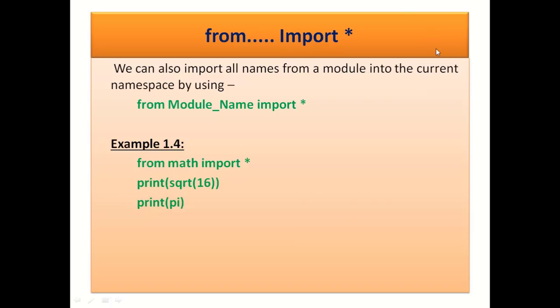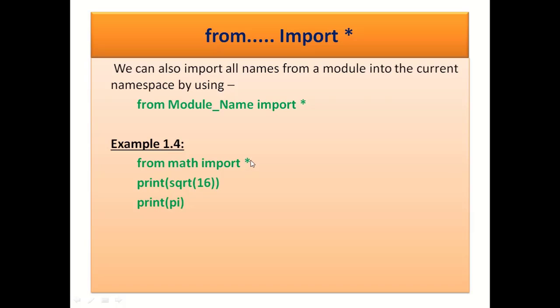Still another form of import statement is from module name import star. This asterisk is used to import all the attributes from within the file. For example, from module name import star is the general syntax or structure. For example, from math import star.